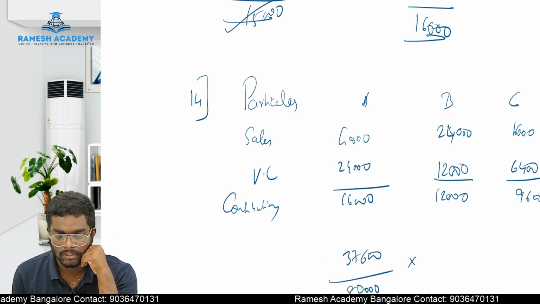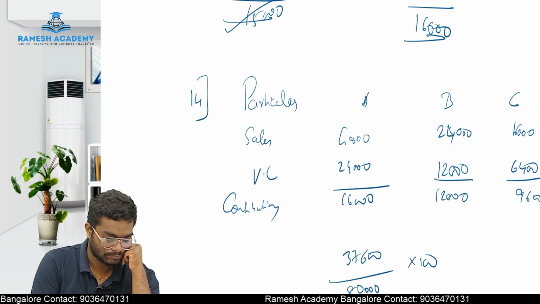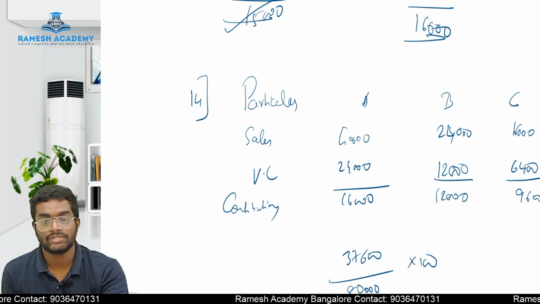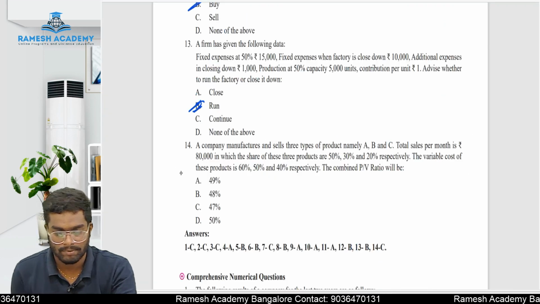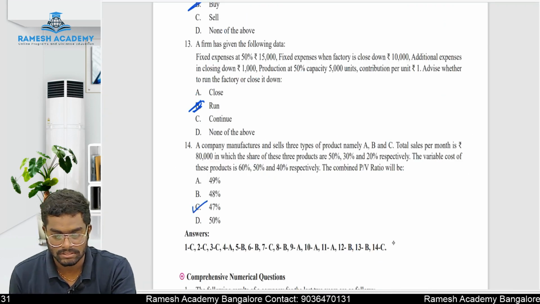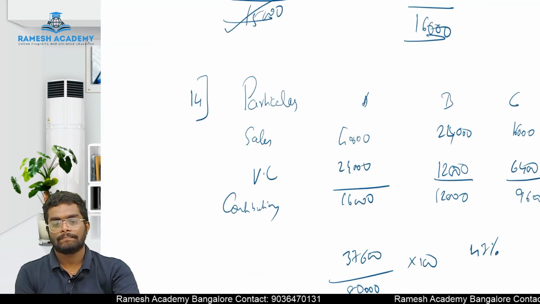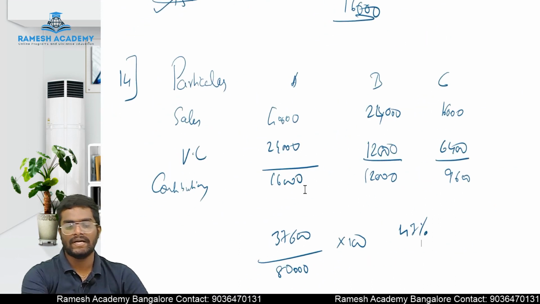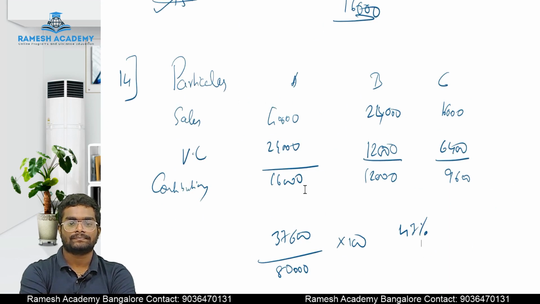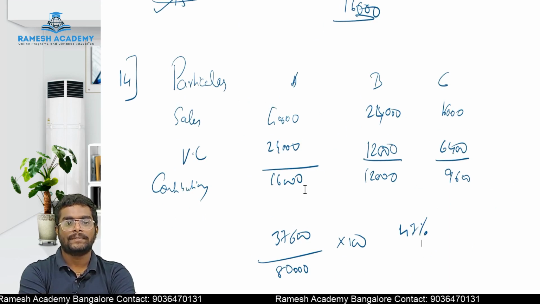You'll get the combined PV ratio. 47% is your answer. Simple. Answer is C, if you can see. So please copy the simple problem. We just have to calculate the combined contribution. That's it. So by this we have completed all the MCQs.